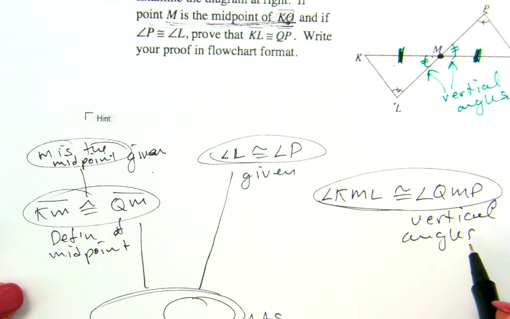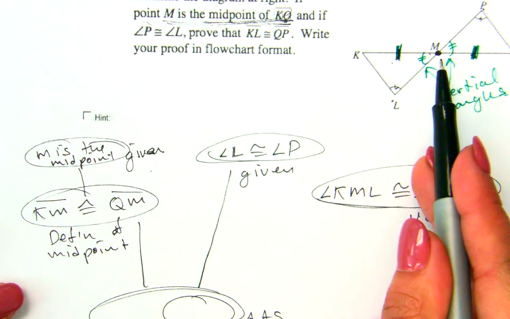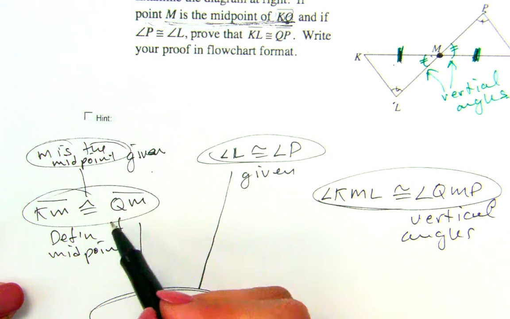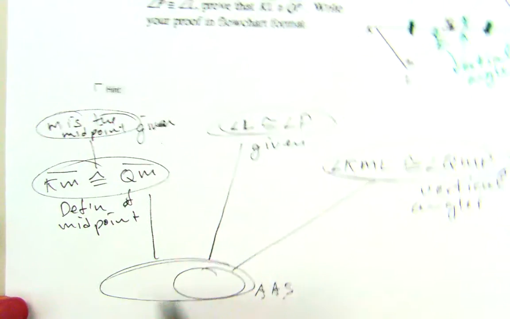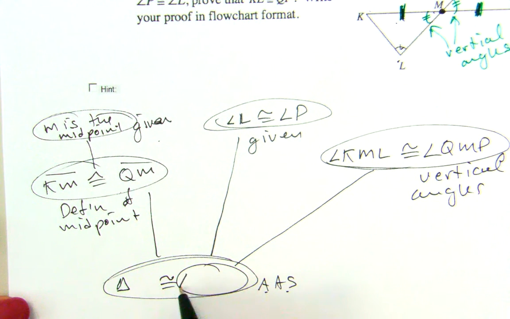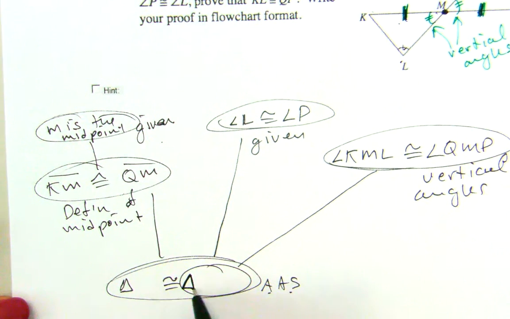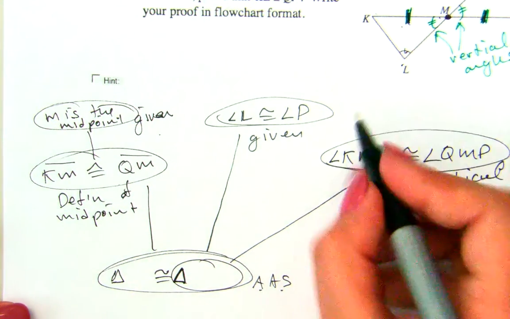And that's pretty much it. Definition of midpoint, given. That one's given. So angle, angle, side. So triangle what is going to be congruent to triangle what? That's pretty much it.